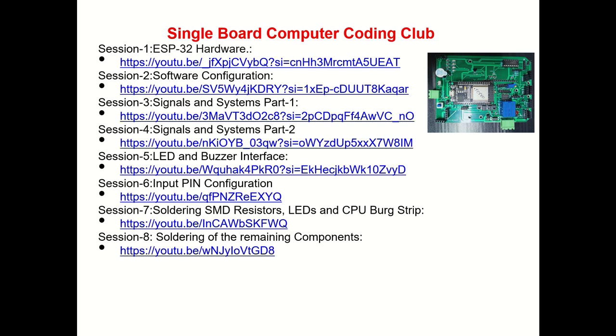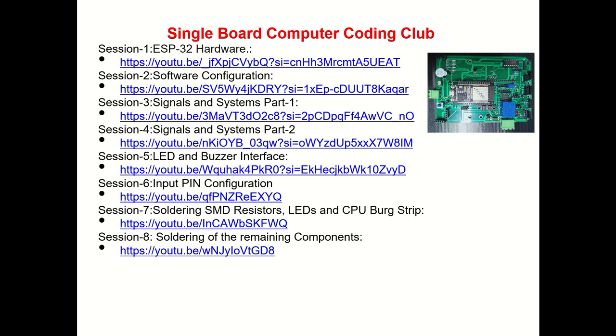So keeping that in mind, we have developed a low cost solution for a single board computer. Looking at all those above applications, can we have a common platform where some of the components are mandatory and some are optional? Based on your application, you can fabricate those components on the board.